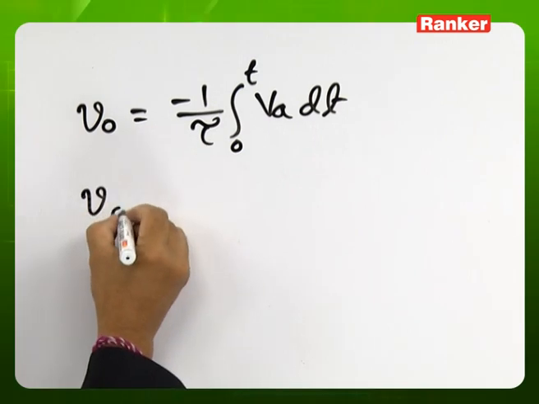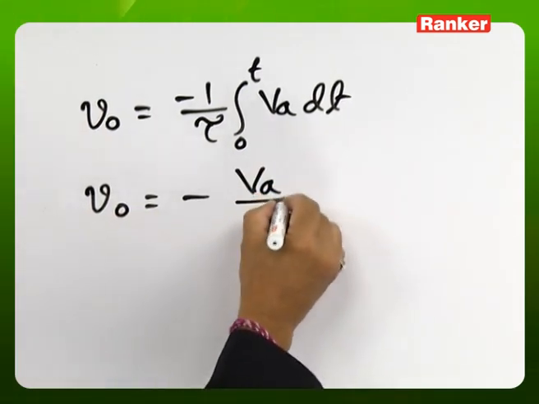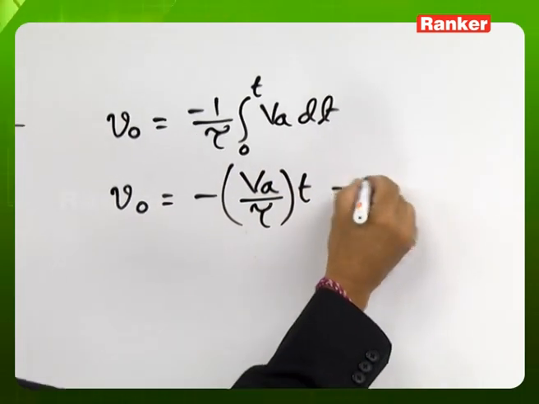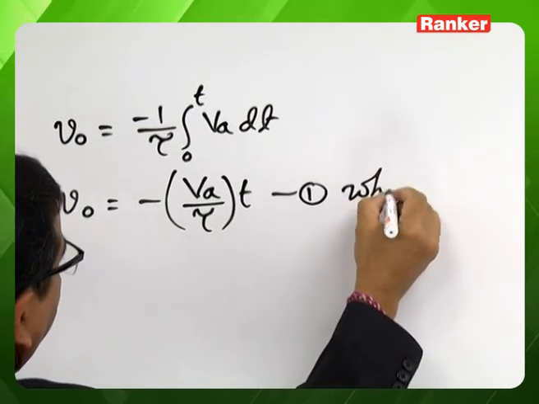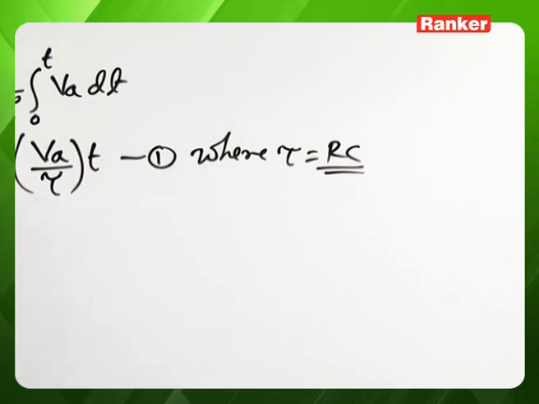So it is nothing but minus of VA by tau into t, where tau we already mentioned, it is the time constant RC.